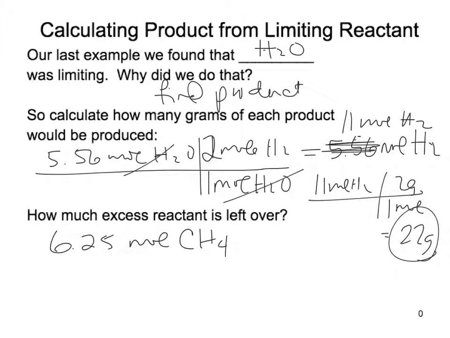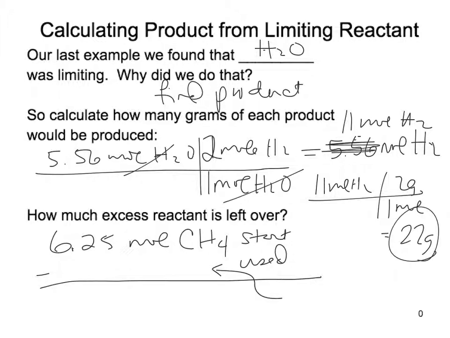And we then have to find out what was actually used. So we started this out with that. We're going to subtract with what was used. Now, that's a little bit more difficult to find out, but it's not terrible. We are going to base it on the limiting reactant. Everything gets based on the limiting reactant.